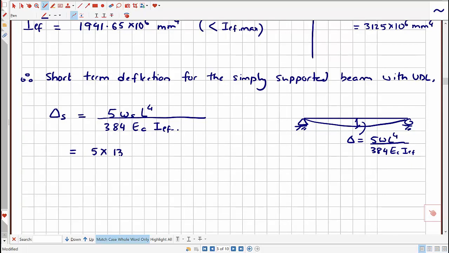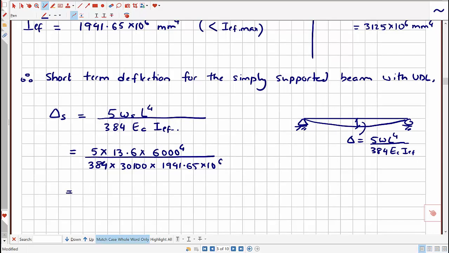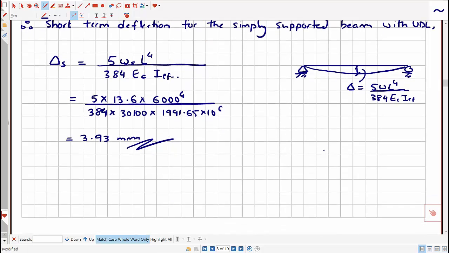The short-term loading is 13.6, the beam length is 6000 millimeter, Young's modulus of concrete is 30100, and the effective moment of inertia we calculated as 1941.65 × 10^6. That gives us the short-term deflection in the beam as 3.93 millimeter, at the midspan of the beam.